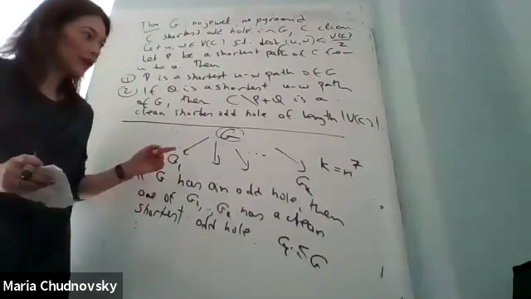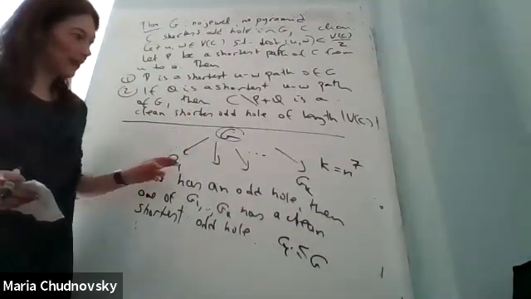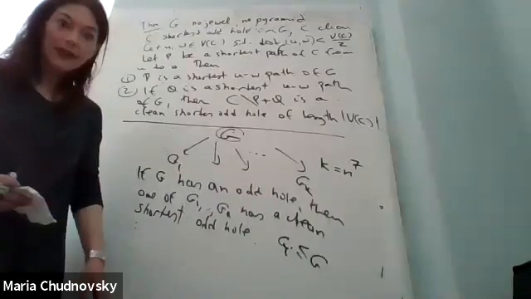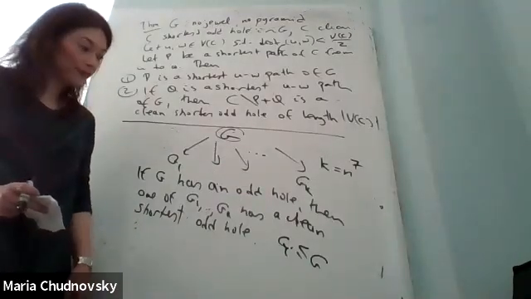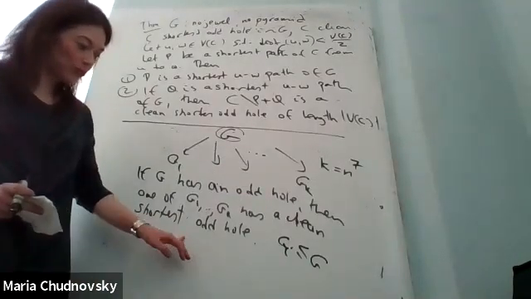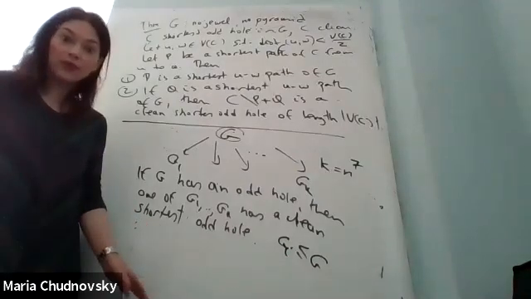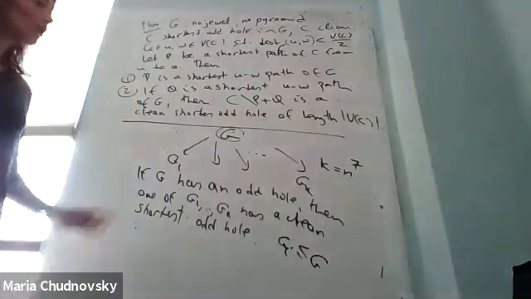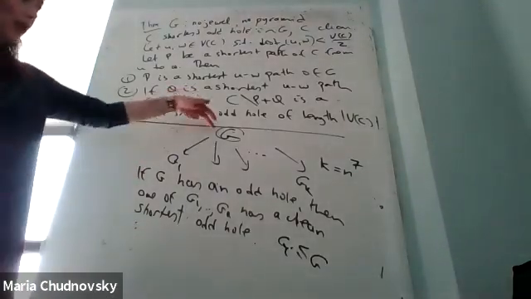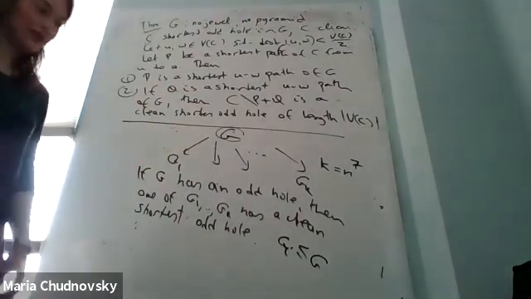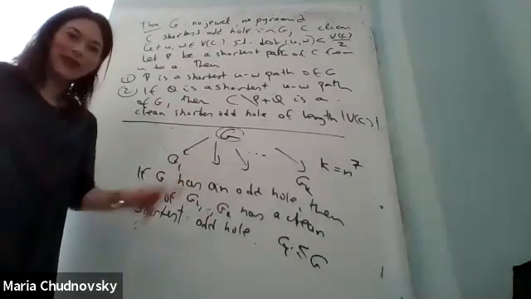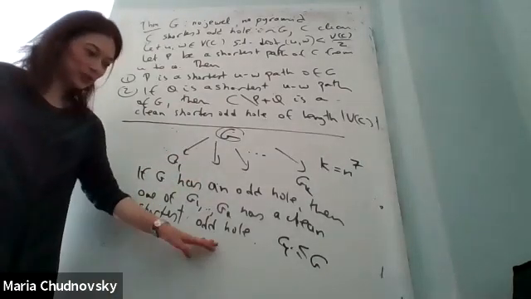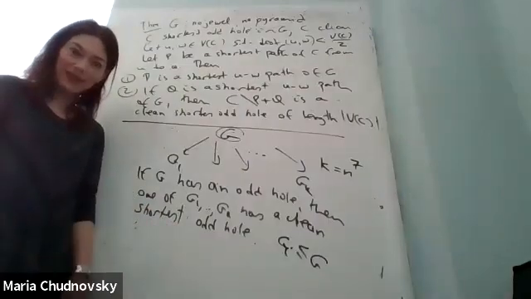Now I take my G and produce n to the 7th graphs like this. In each of them, I run the shortest path odd hole detector, and I'm done. If there was an odd hole in G, I would find an odd hole in one of those. So the only question is, how do we take G and turn it into polynomially many graphs, one of which is amenable to the shortest path detector?